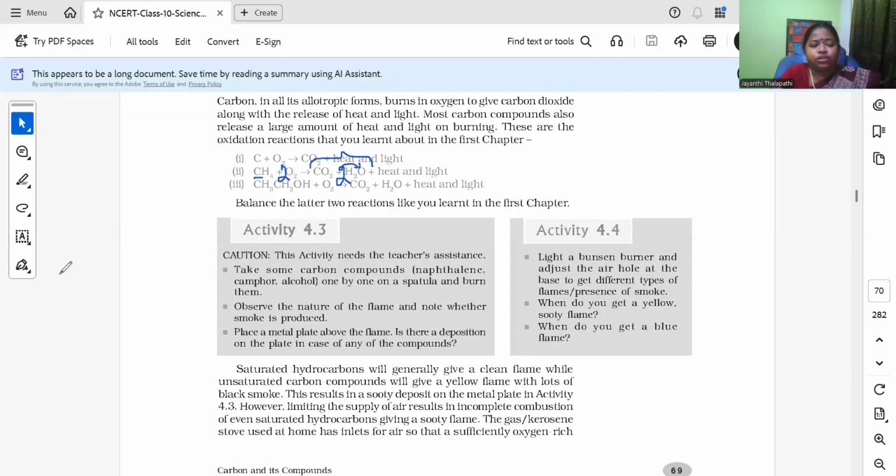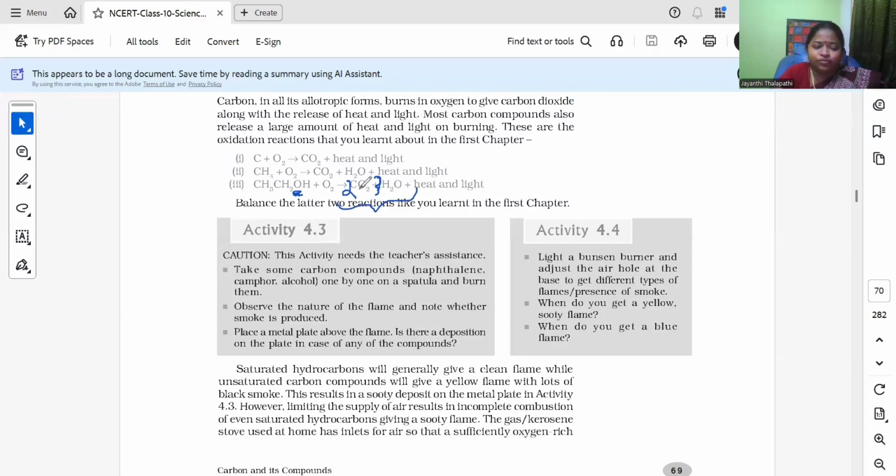And also you have to keep this in mind. If it is an alcohol, there is oxygen in the molecule already. Suppose you are balancing, there are 2 carbon atoms, so make carbon dioxide 2. There are 6 hydrogens in the alcohol, so make it 3 moles of water, so that 3 into 2 is 6 hydrogen. Now count the number of oxygen.